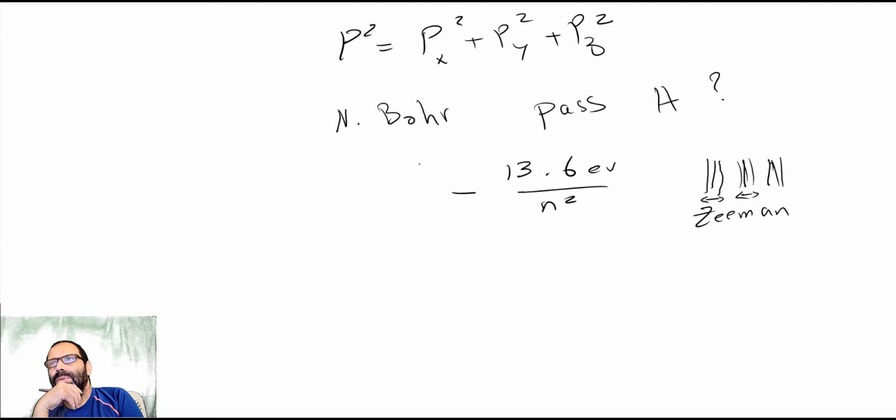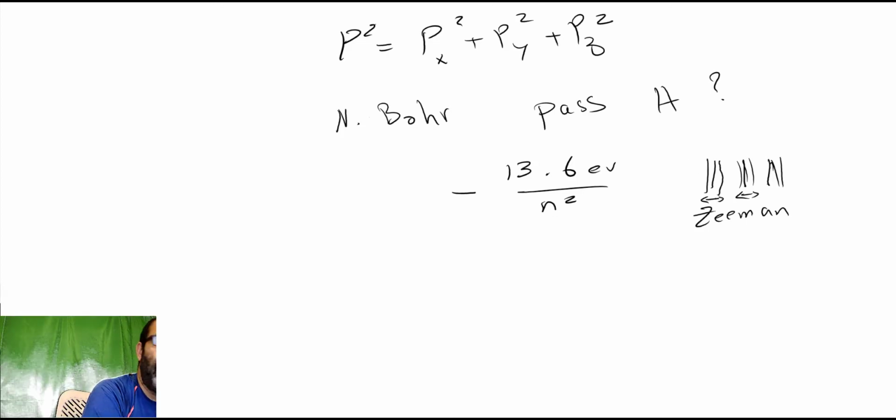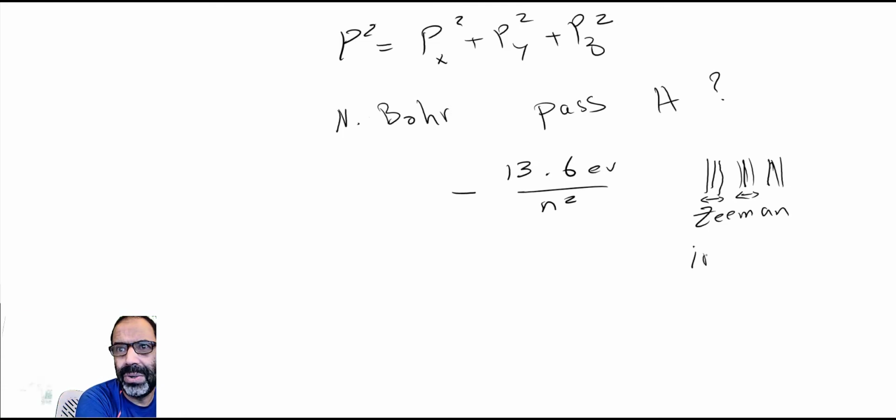We'll see also that there is a limitation to Schrodinger's equation as is, without any modification. This is the so-called normal Zeeman effect, but there is actually a secondary Zeeman effect, known as the irregular Zeeman effect.